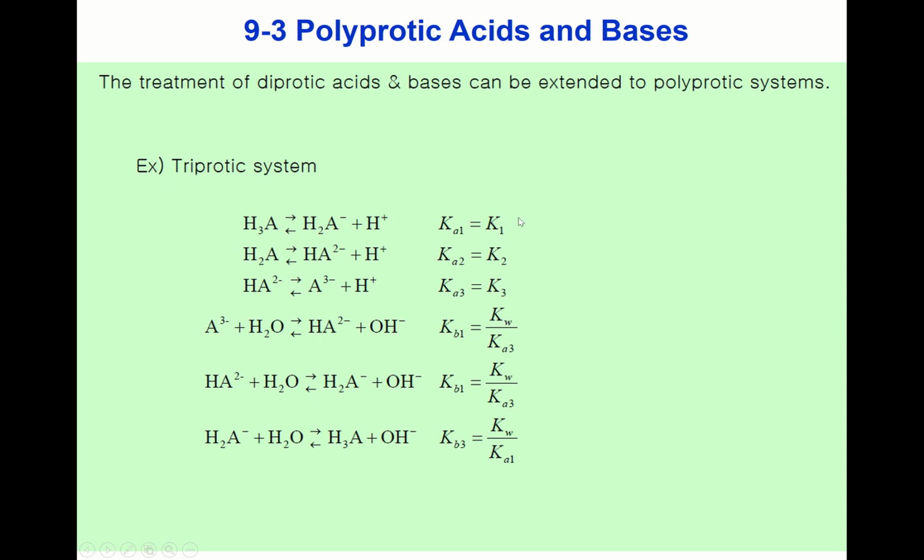So we can systematically write these. We don't need to treat the dissociation involving the base species separately, because once we know the first three, we can automatically calculate the other three for the base cases.